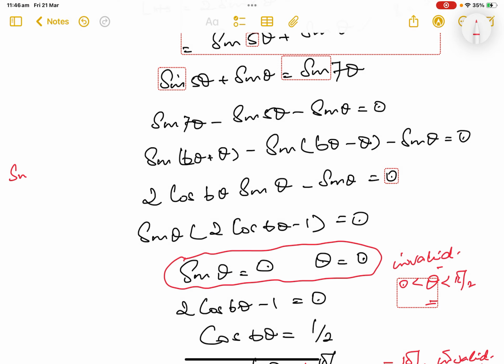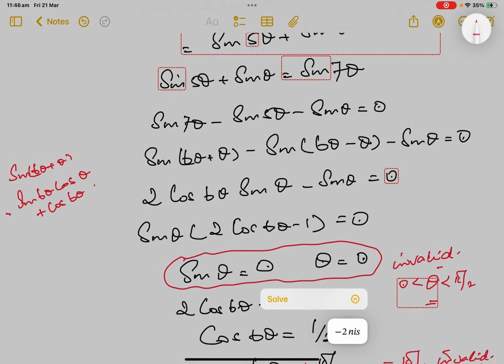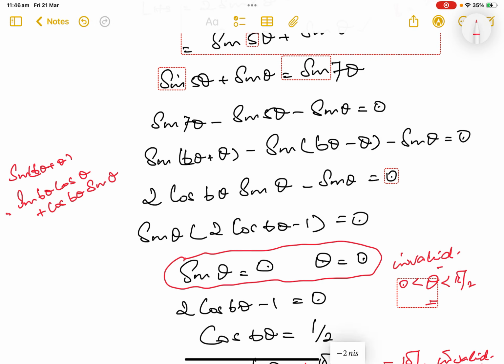So sine 6 theta plus theta is sine 6 theta cos theta plus cos 6 theta sine theta.